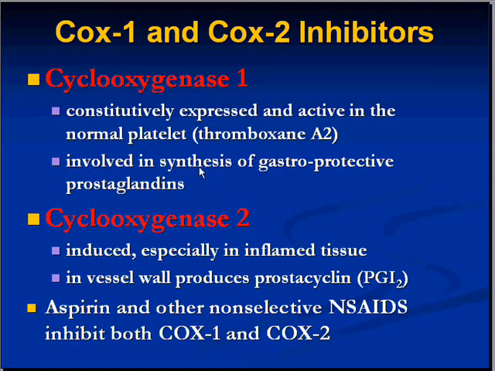And that's why patients that take aspirin often have coagulation problems because of the thromboxane A2, or the fact that there's a lot of gastric bleeding because of the fact that there's gastroprotective prostaglandins that are being interfered with.